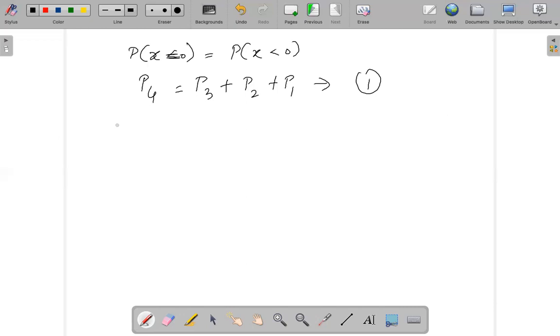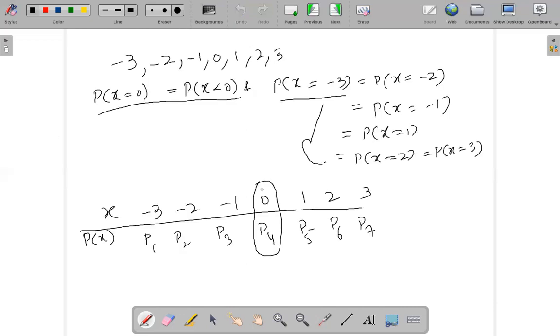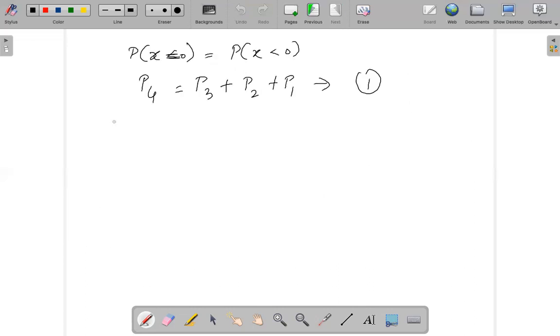We also have the data given to us: P of x equal to minus 3, minus 2, minus 1, and x equal to 1, 2, and 3. So let us put this all together. I get p1 is equal to p2 is equal to p3, and p5 is equal to p6 is equal to p7.